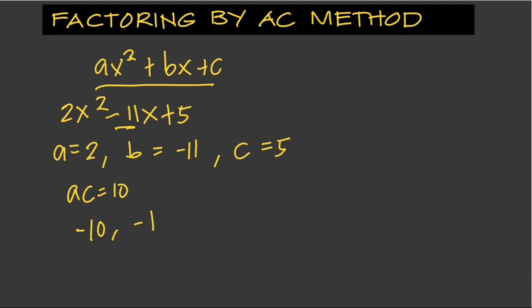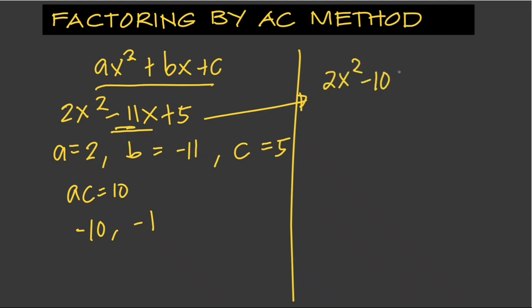So we replace negative 11x with negative 10x and negative 1x, and we can write this equation as 2x squared minus 10x minus 1x plus 5.